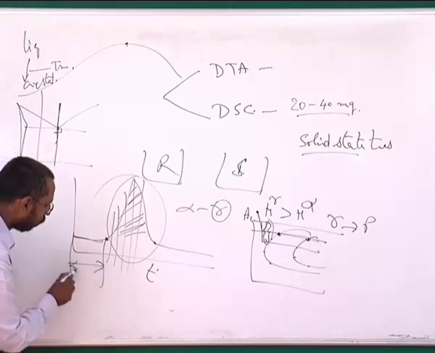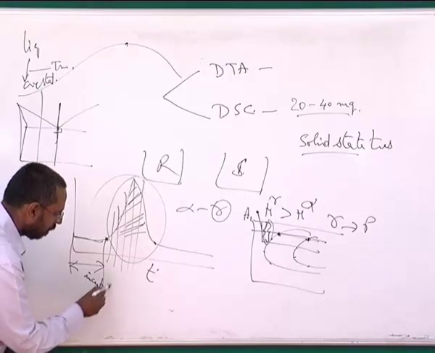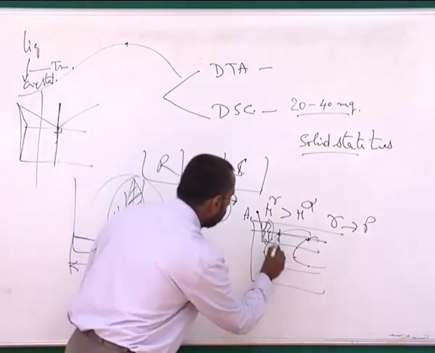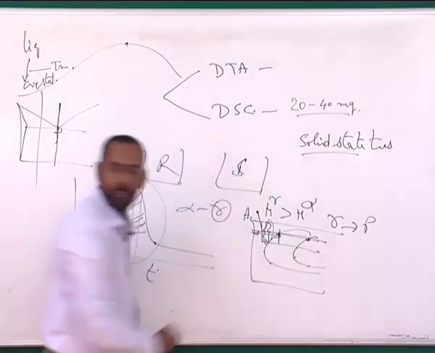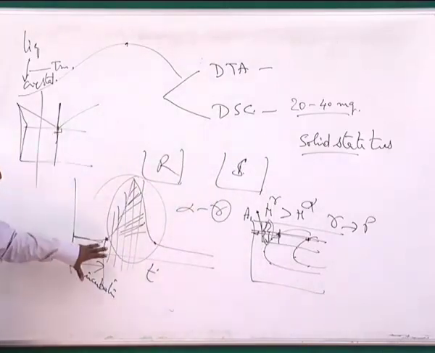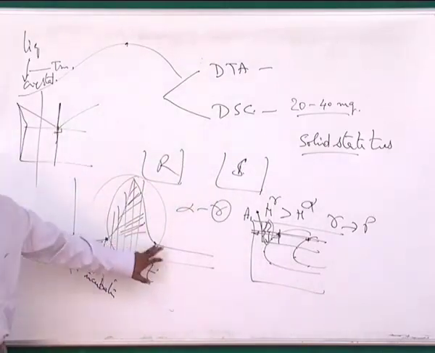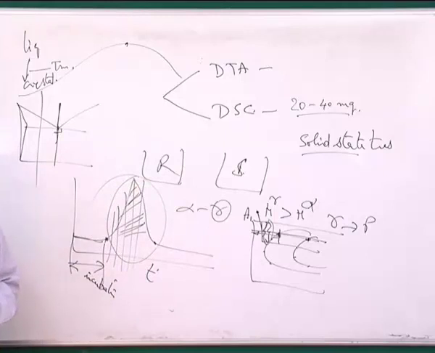This period is what we call the incubation period. At a given temperature, this is our incubation period, then start of transformation, end of transformation, and one can find out all this. So these are all possible, and we can get the whole isothermal kinetics from such a transformation.